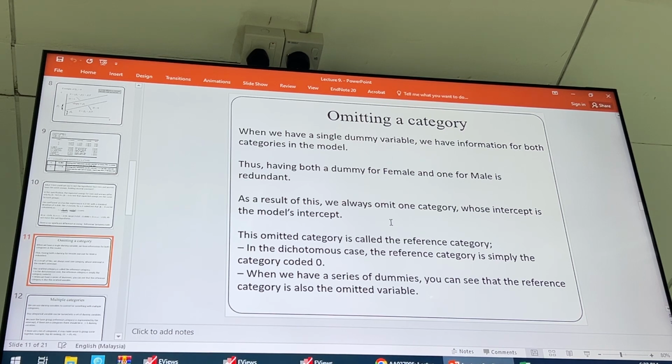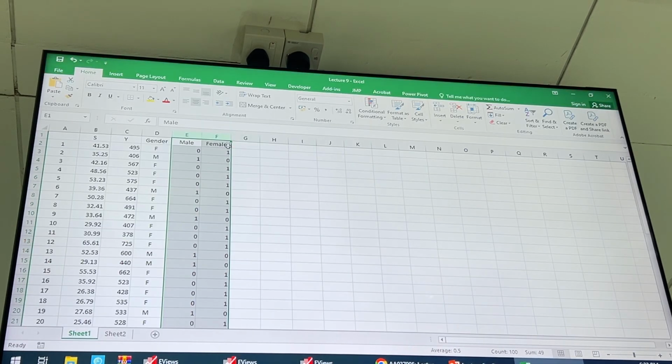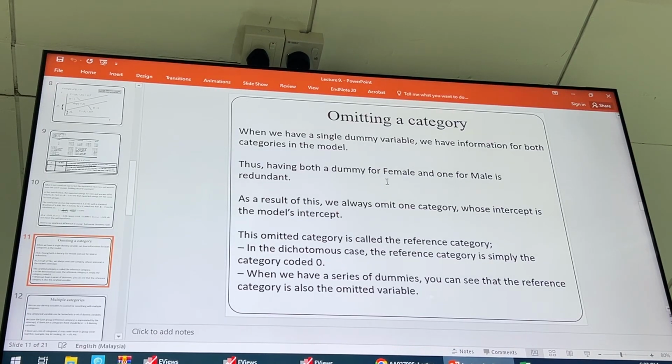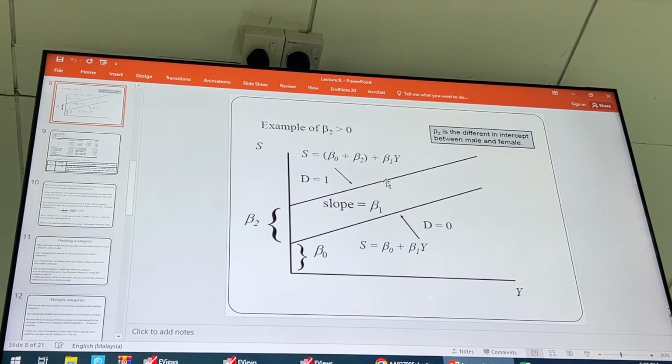As a result, we omit one category, whose intercept is the model's intercept. In the example of the estimated model, we exclude male and only include the dummy variable for female. So for the example we considered just now, male, when d equals 0, is our reference category.